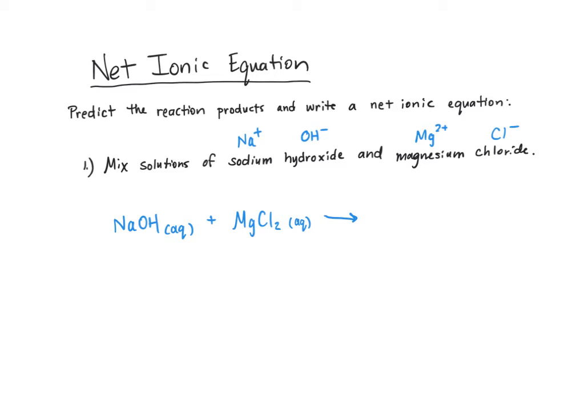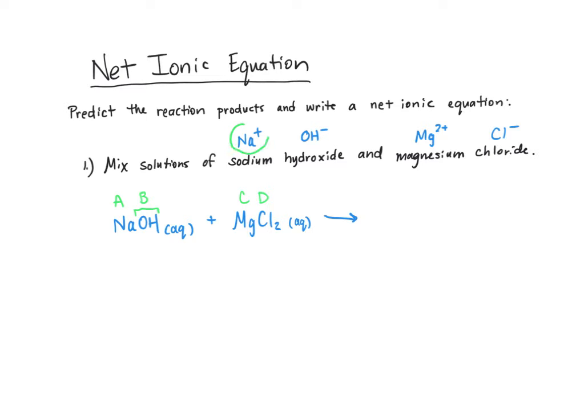As these things react, we can now expect a double displacement reaction. Our cation in our first compound is sodium, our anion is hydroxide. Our cation in the second compound is magnesium, our anion is chloride.